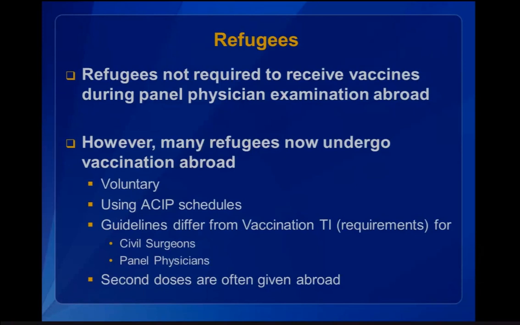The ACIP schedules are used. The guidelines, they don't have technical instructions because they're not requirements. The guidelines for refugee vaccination are somewhat different from our technical instructions. For either panel physicians overseas or for what you do, they do sometimes give second doses overseas.